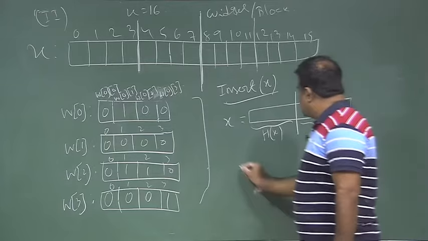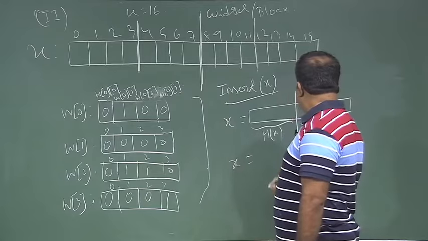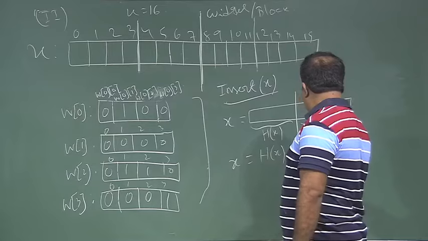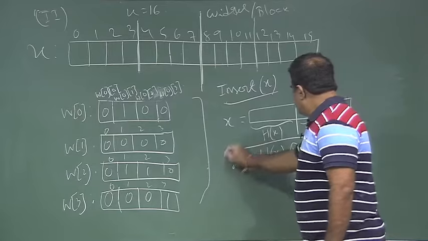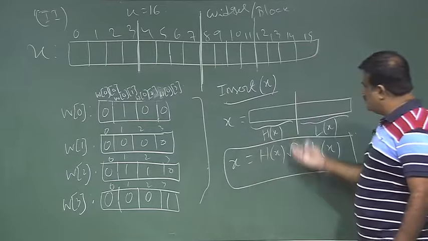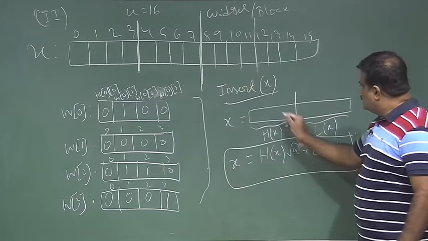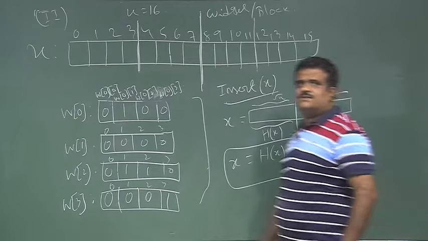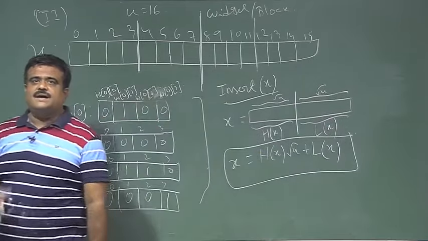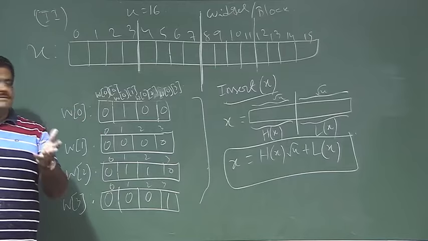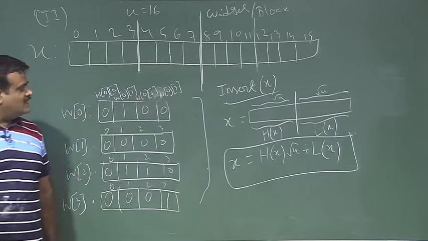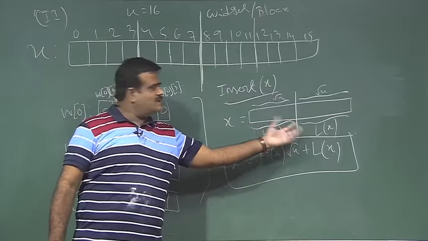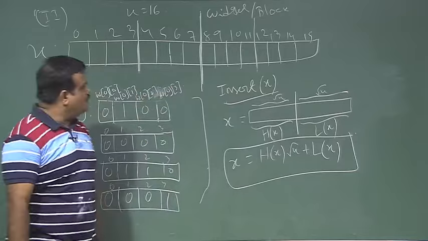Basically x is high of x into root u plus low of x. This is the square root of u bits and this is the square root of u bits. So, we take the first root u bits as high of x and the next root u bits as low of x.